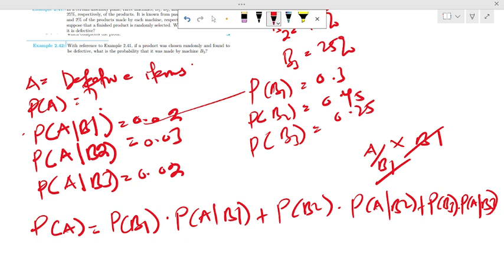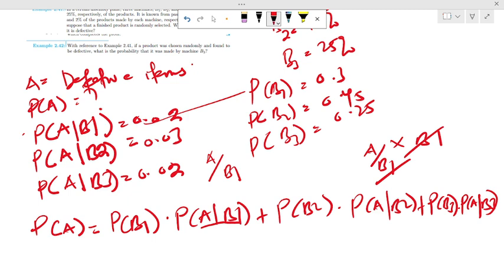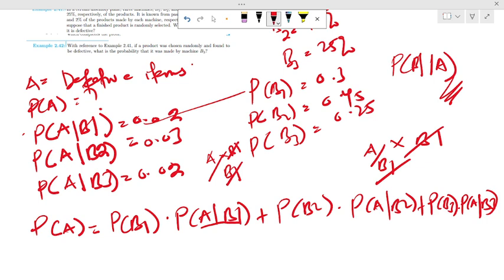If you look at this portion, it is A. Assume that it is A divided by B1, so multiplying by B1 cancels B1 so that you get A. In case you interchange it and make it probability of B1 given A, the question, if you read it, is not that. That thing means that the products that are defective are produced by machine B1.